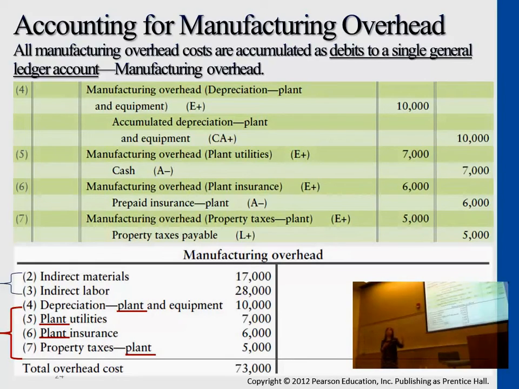These are just some of the examples. It could go on and on, depending on each job and each manufacturing site, what has been incurred. At the end, we group all these costs together, and we can see there's a debit balance here. All the minor costs added together are worth $73,000.